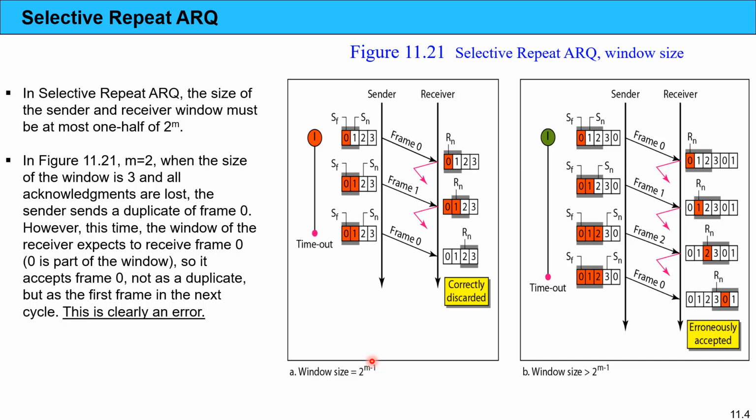If the window size is large, I will consider the next 0 from the new window, which is wrong. This example and this extreme case show why we select the window size to be 2 to the power n minus 1 and not greater than 2 to the power n minus 1. Any question?